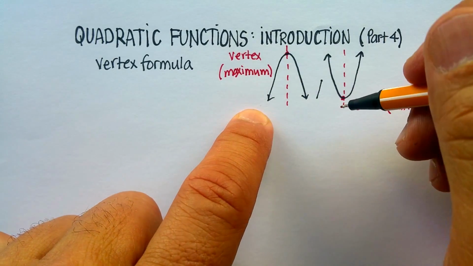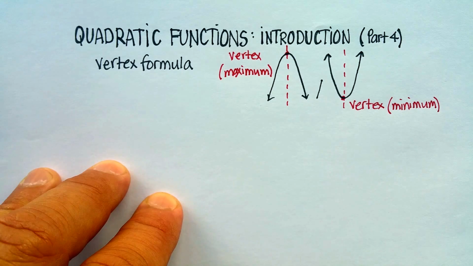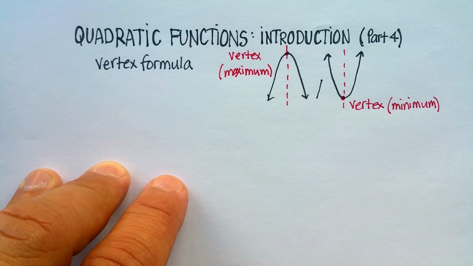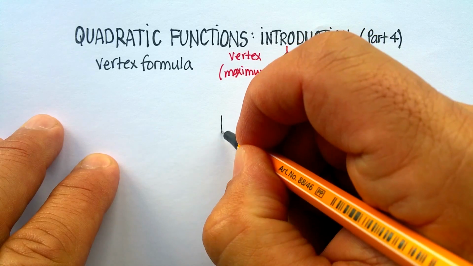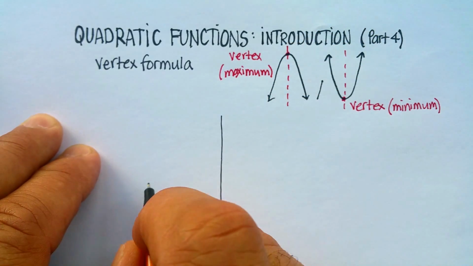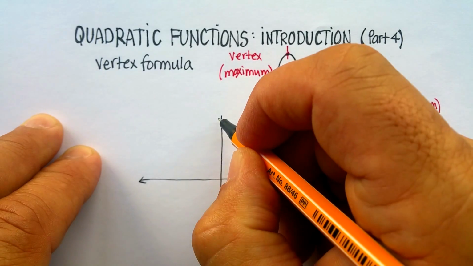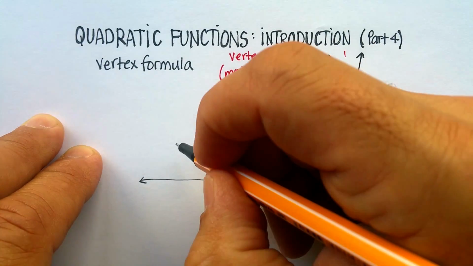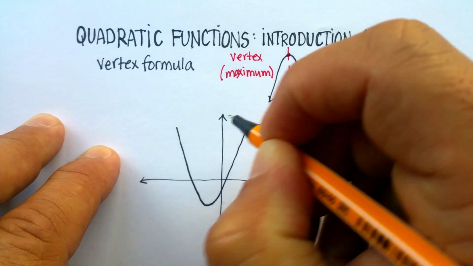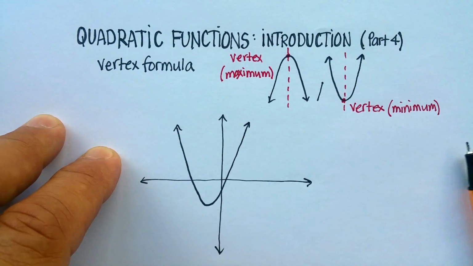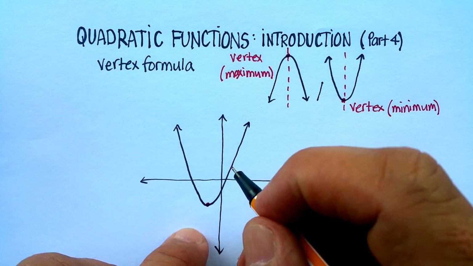Now remember, these parabolas are always on an XY graph, right? And so every point on a parabola is a coordinate of some kind, isn't it? So if I were to draw one like this, I would know, for example, that the vertex here is some point.